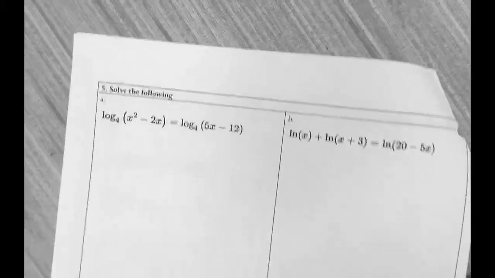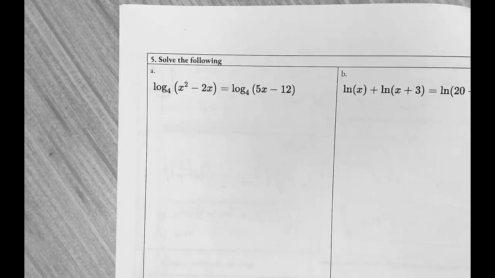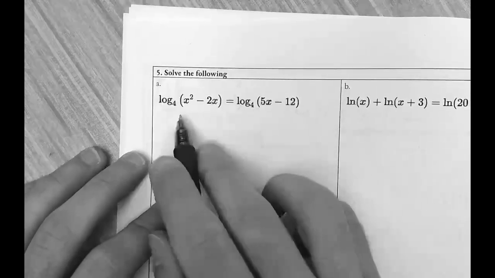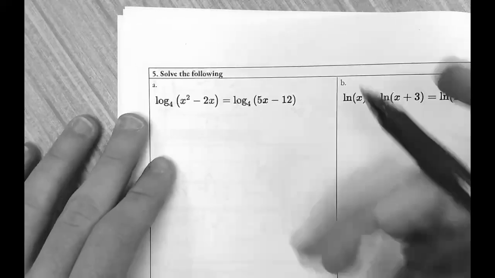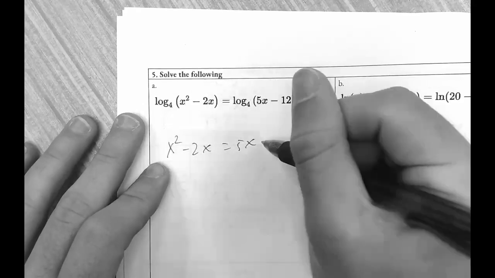Okay, we got some equations. Solve the following. Okay, so this is a gimme. This is the kind of problem where you want the bases the same on both sides, log base the same, and then you can set the insides equal to each other. So this is going to be x squared minus 2x equals 5x minus 12.